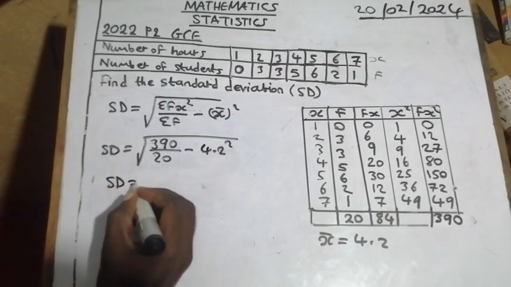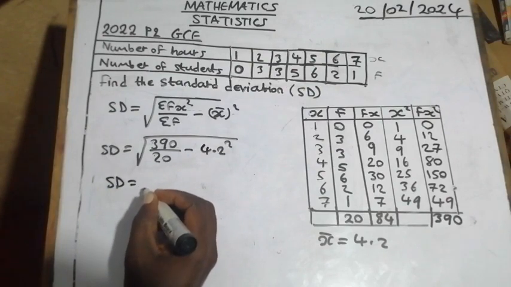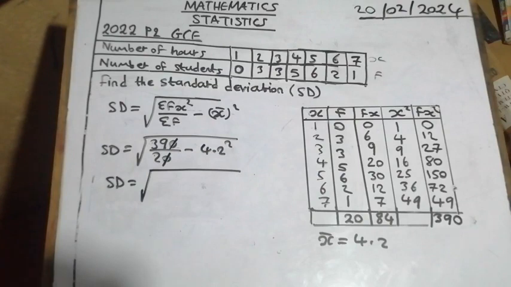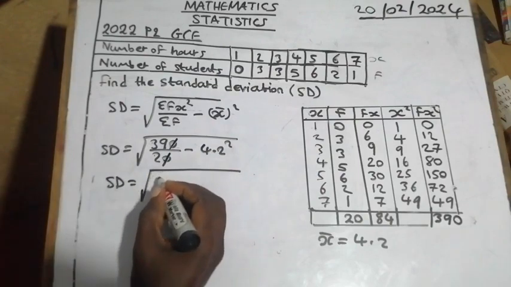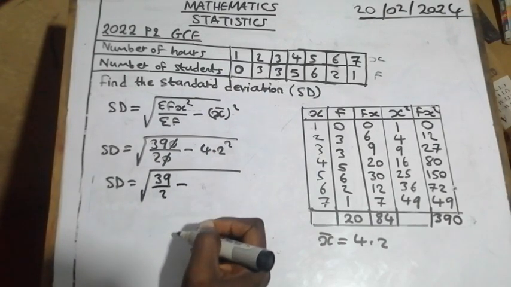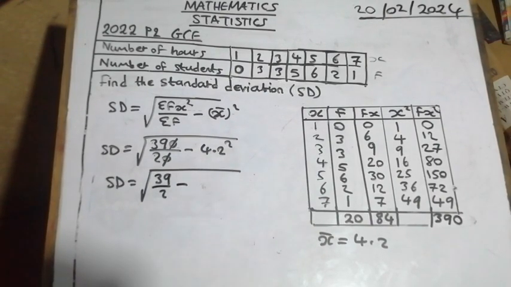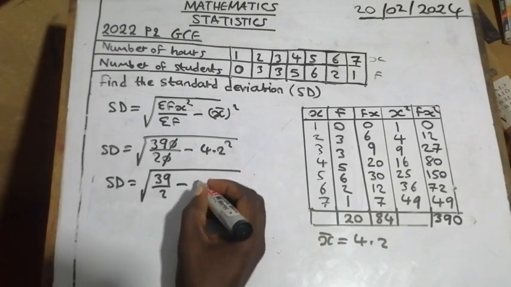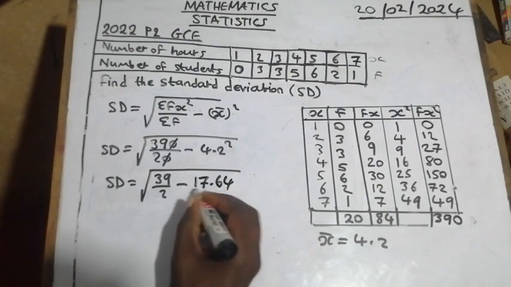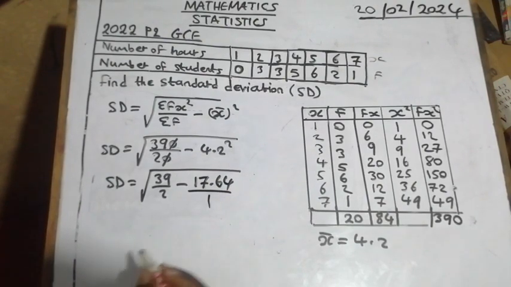So the standard deviation will be equal to, we can cancel the zeros here, which will remain as 39 over 2, minus, what is 4.2 squared? 4.2 squared equal to 17.64.